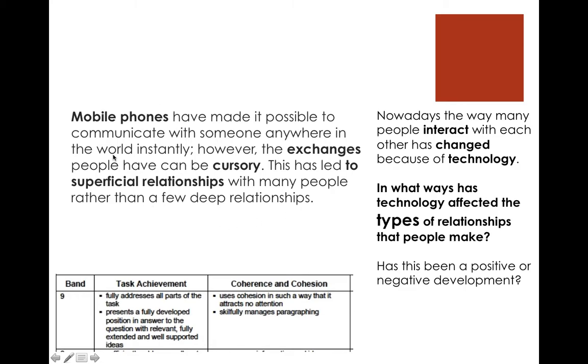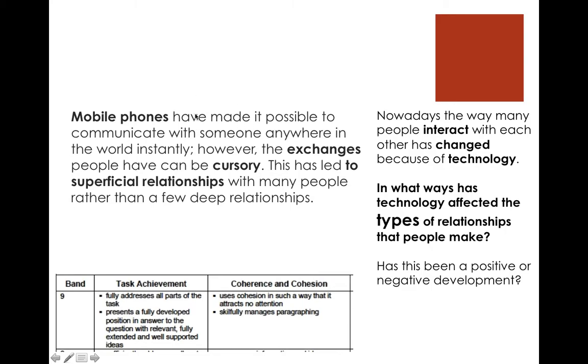So in this paragraph, how does this fully address all parts of the task? What it does is use the paraphrase to show that we're talking about everything in the question. So we're talking about technology, we're talking about changes, that's here: have made it possible to communicate instantly, that's the change.